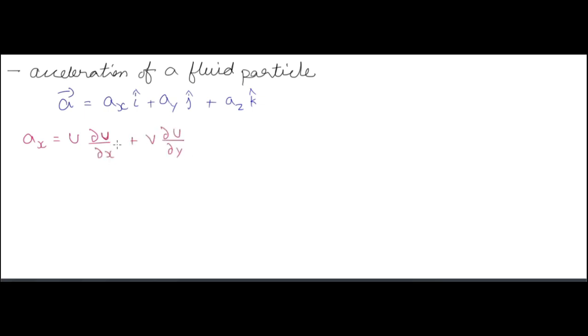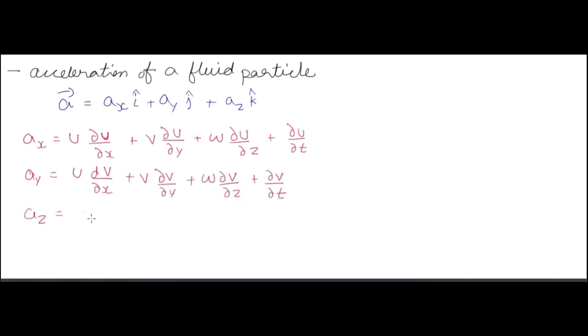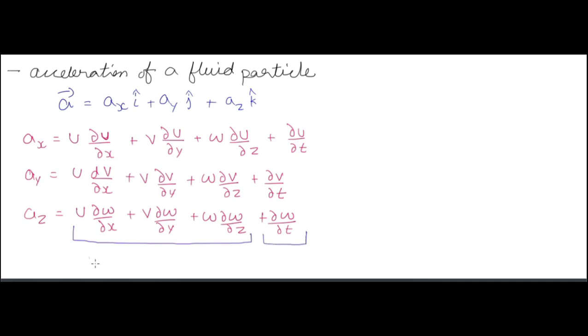Now velocity terms are over, so we will deal with acceleration. Acceleration has components ax, ay and az along the x, y and z directions. Each involves partial differentiation of the velocity component with respect to x, y and z, multiplied by the velocity component along that direction.